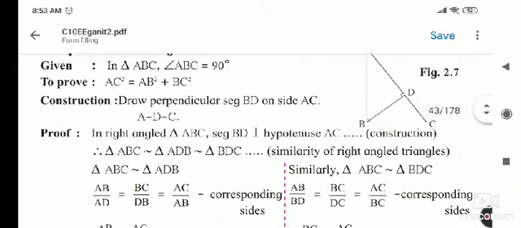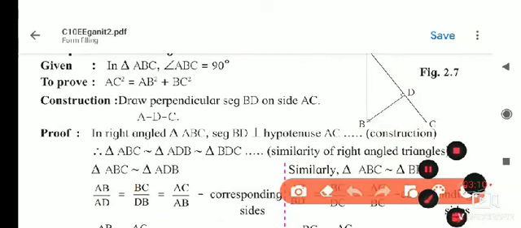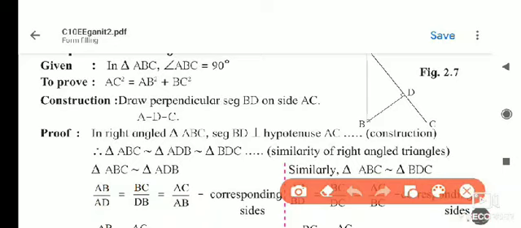Okay, now as we just saw, if in a right angle triangle a perpendicular is drawn from the opposite vertex to the hypotenuse, then we are using the similarity of right angle triangles. So the three triangles ABD, BDC and ABC are all similar to each other.